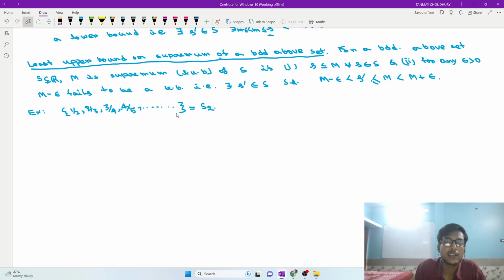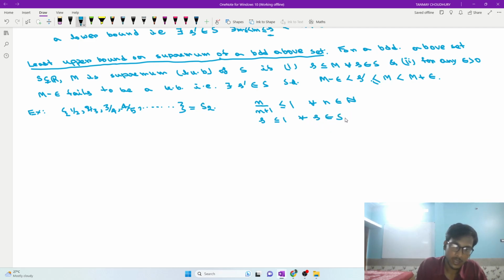Here we can see that the elements of the set are of the form n by n plus 1, which is of course less than or equal to 1 for all n belongs to the set of natural numbers. That means small s less than or equal to 1 for all s belongs to S2, because elements of S2 are of the form n by n plus 1. Okay. So this 1 works as an upper bound.